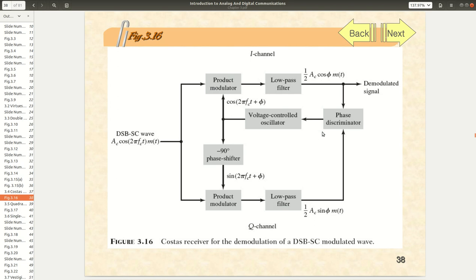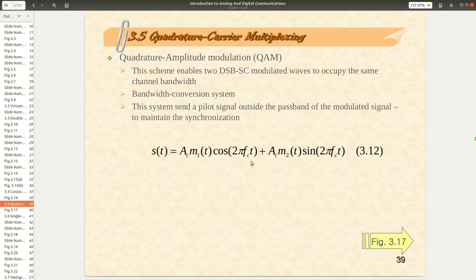What's happening inside? Now there is another type of modulation, we call it quadrature amplitude modulation. You will get into the details of quadrature amplitude modulation later, but let's have an idea about it. It's just like you enable two double sideband suppressed carrier modulations. One time you send cosine 2 pi fct multiplied by the signal AC, and the other in quadrature phase, the sine.